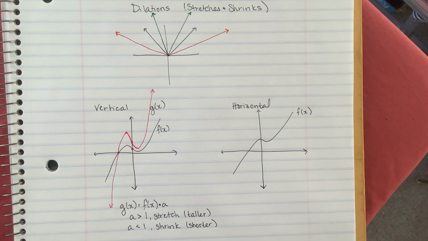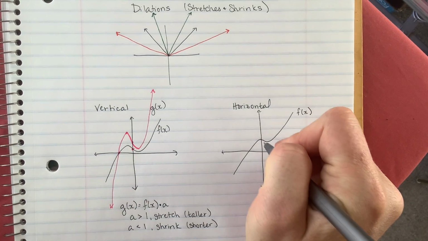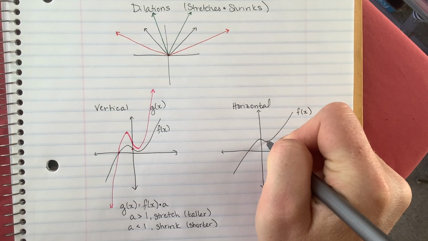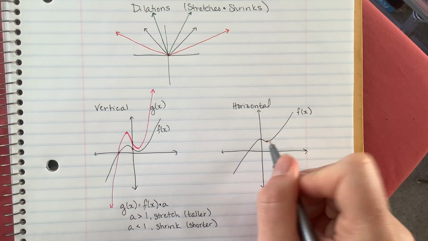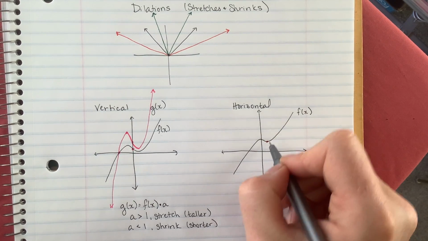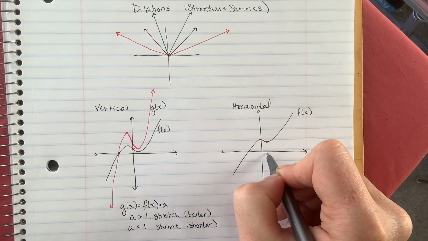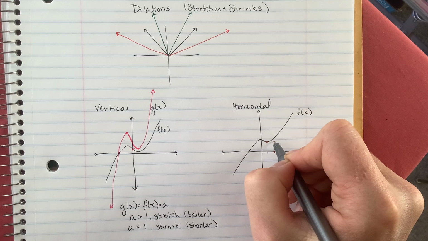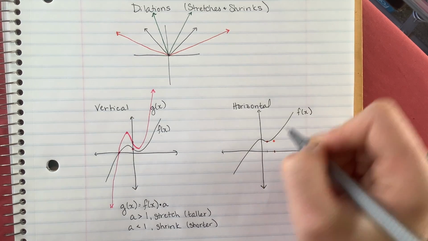So if I'm looking at this particular y value, if I am doing a horizontal stretch, then the original x value is going to be multiplied by, let's just say 2 in this case.